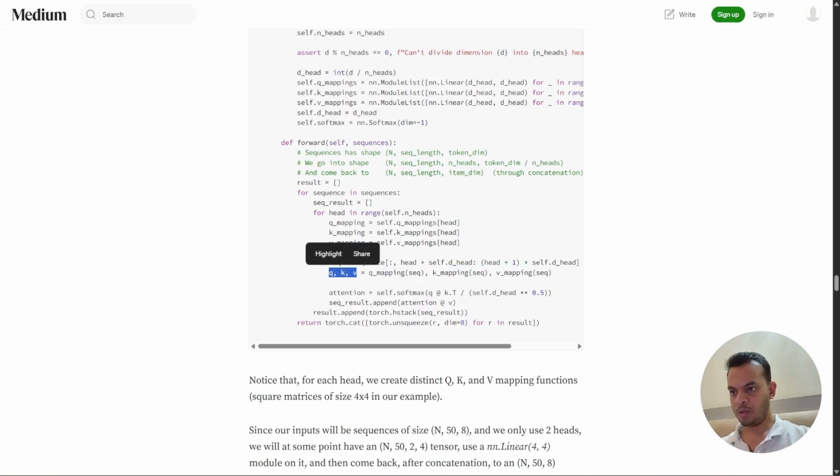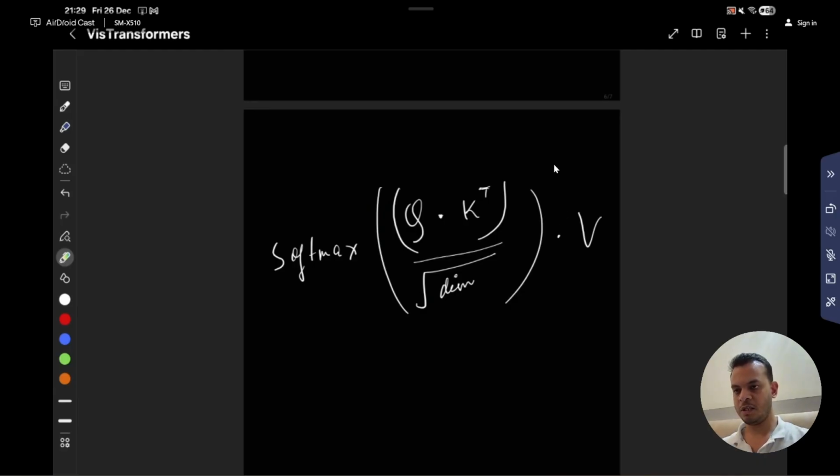You have your QKV mappings, and then the dot product is found between Q and the transpose of K, which is divided by the root of dimension, which is softmaxed, and then this whole thing again goes into the dot product with V. Okay, so this is exactly the same as what has been discussed here.